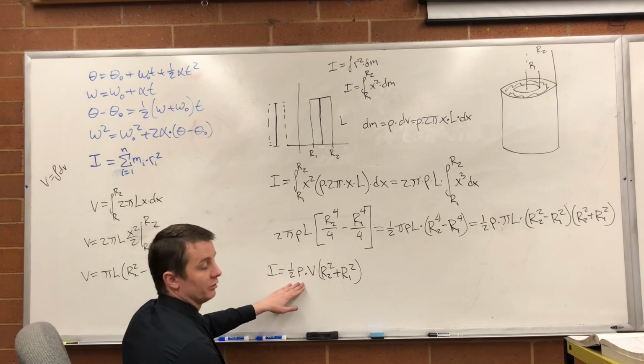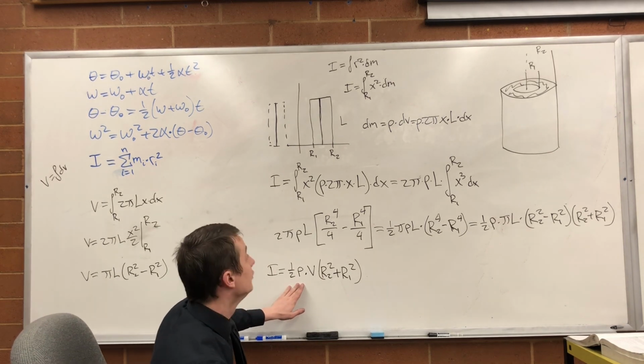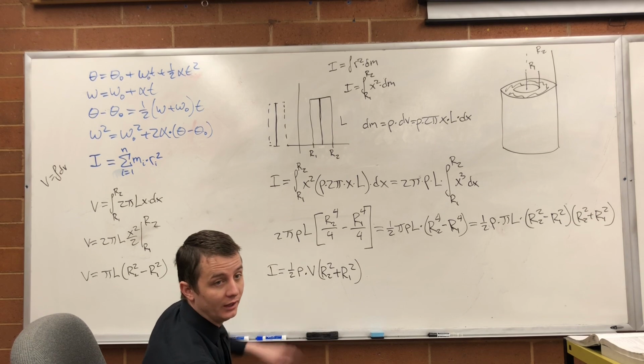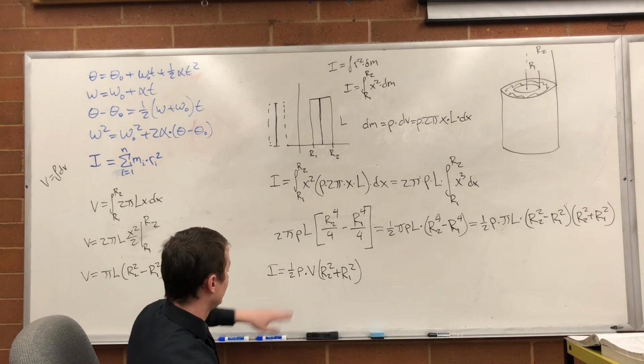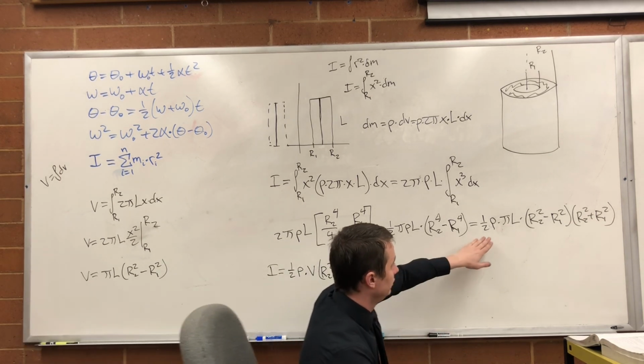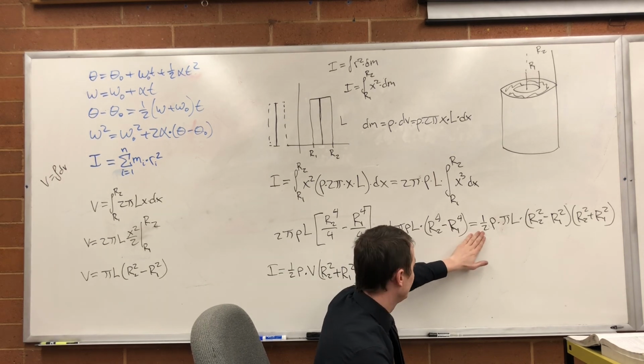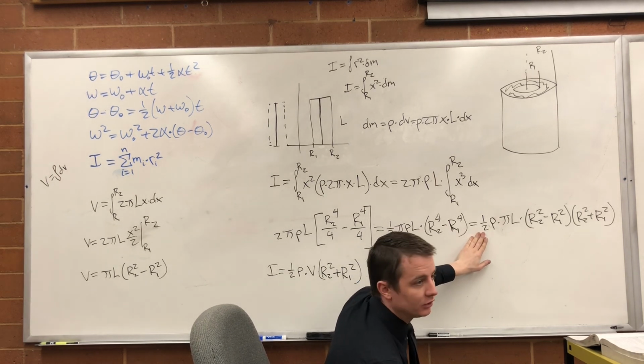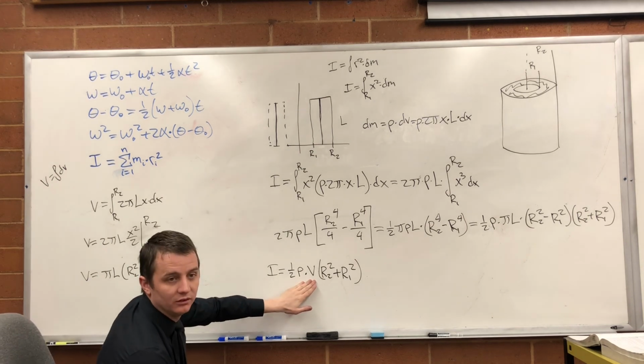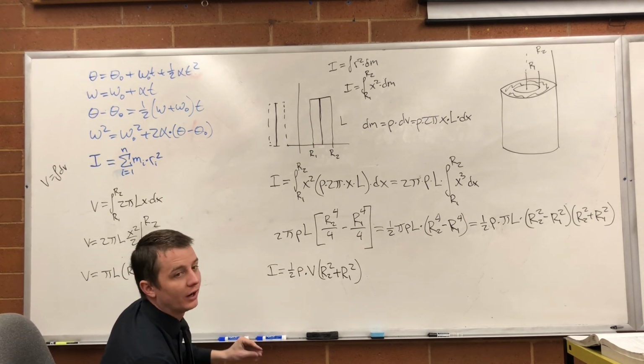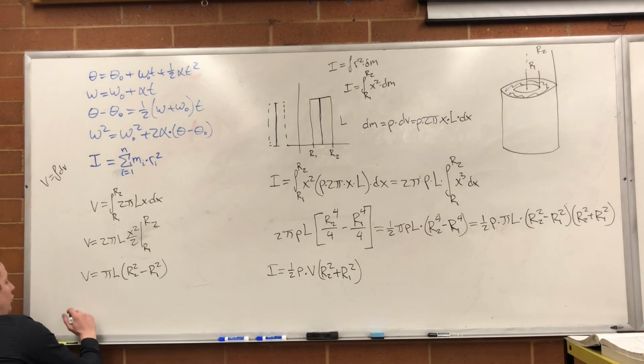Now if you want to write it in terms of its total mass, rather than its total volume. So here's what it is in general. We have it written this way. We said, well, if you want to write it in terms of its volume, here it is. What if you want to write it in terms of its total mass, big M? What is the total mass of that object? It's just the mass per volume times the volume.